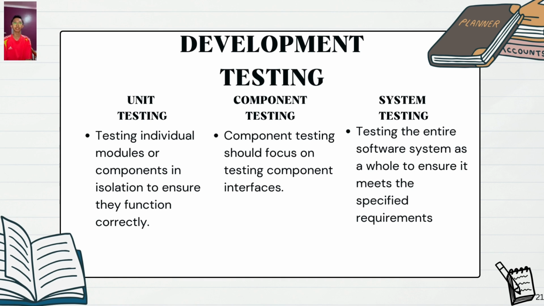Okay, for development testing, we have three types of testing. First, unit testing: testing individual modules or components in isolation to ensure they function correctly. Then component testing should focus on testing component interfaces. And then system testing: testing the entire software system as a whole to ensure it meets the specific requirements.